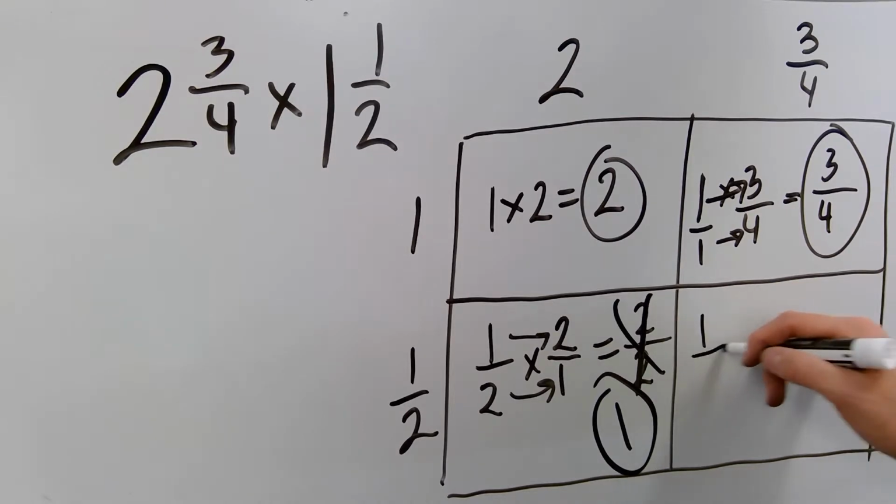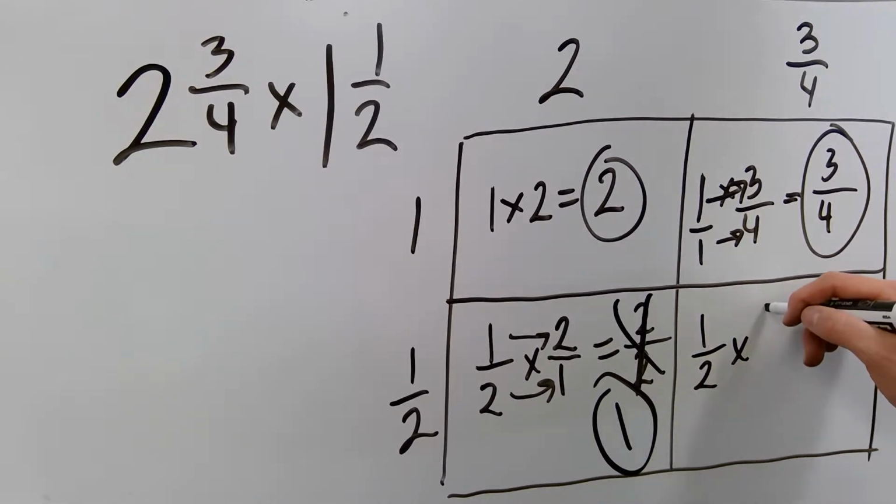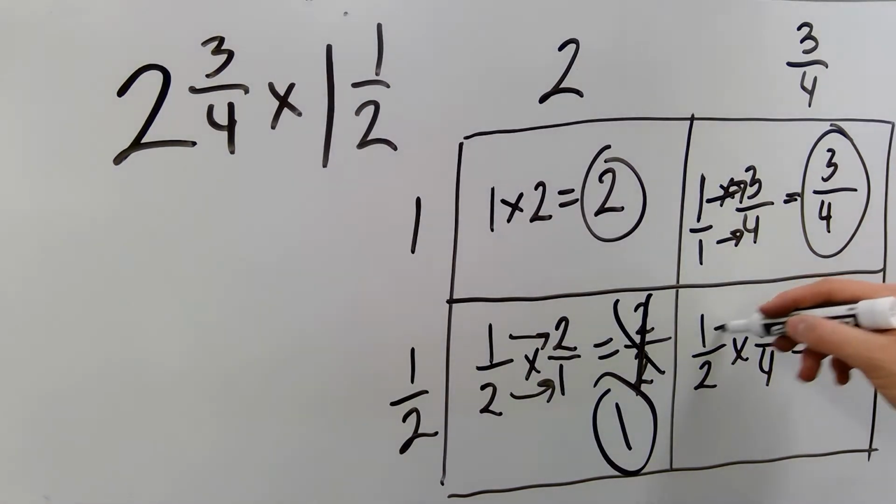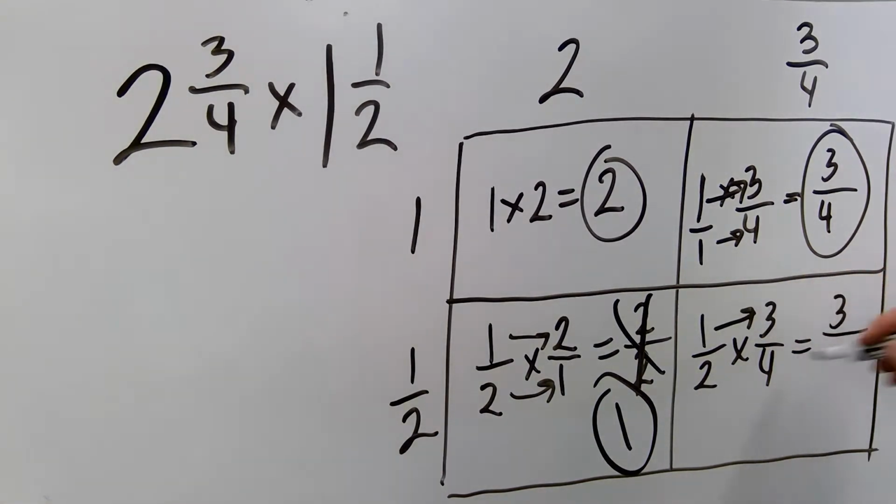Now in this box, I'm doing 1/2 multiplied by 3/4. 1 times 3 is 3. 2 times 4 is 8. So I get 3/8.